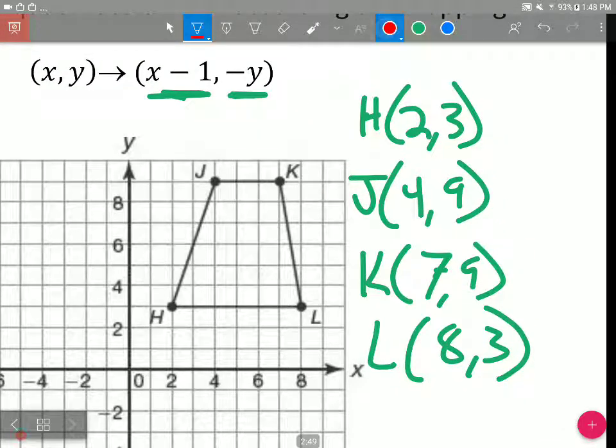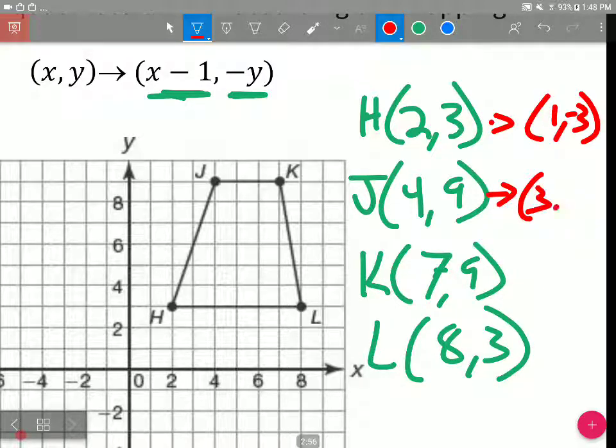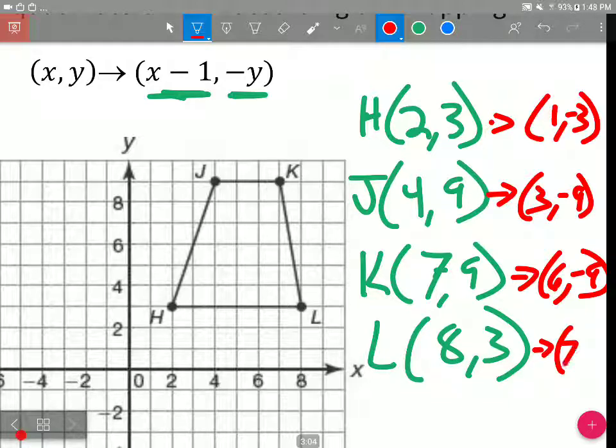This turns into a 1, negative 3. This turns into a 3, negative 9. This becomes a 6, negative 9. And this becomes a 7, negative 3.